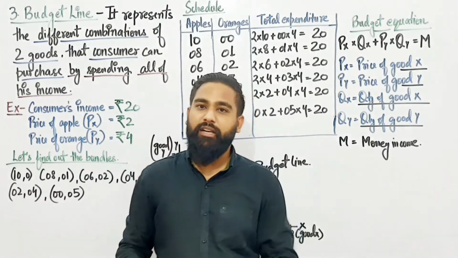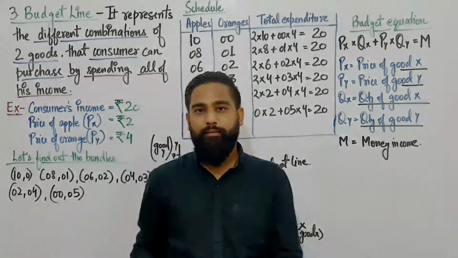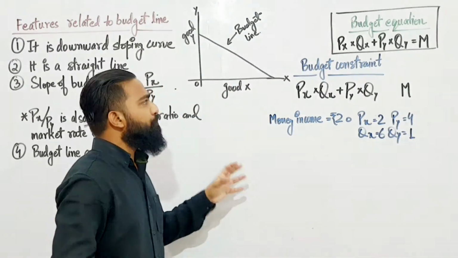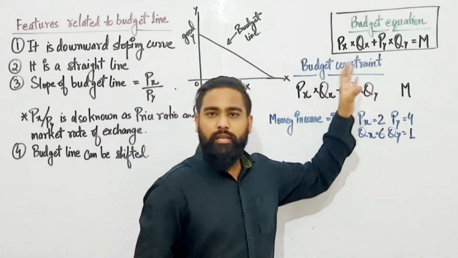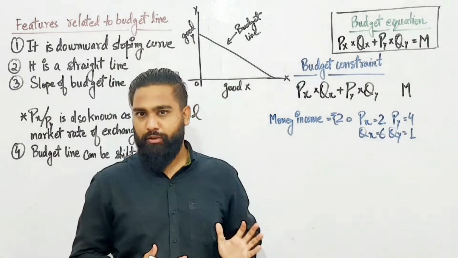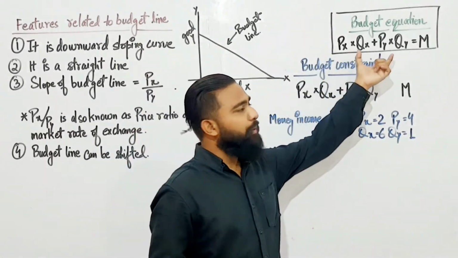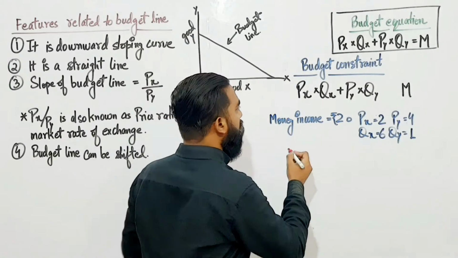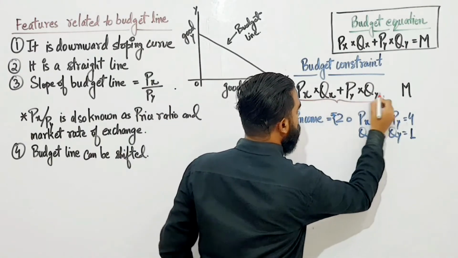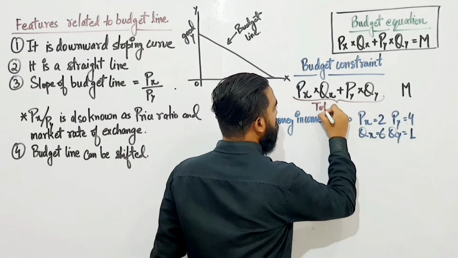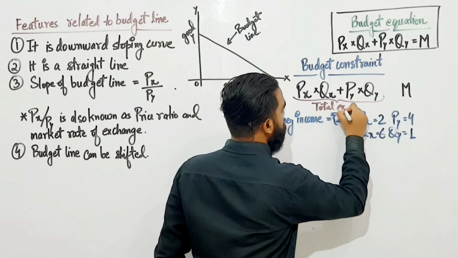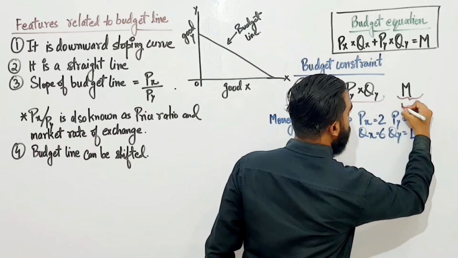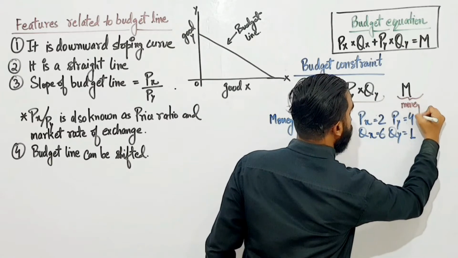Now students, let's come to the next topic. The next topic is budget constraint. Now it is exactly similar to budget equation where the total expenditure was equal to the money income. Now as we all know, this part is the total expenditure. Fine. And this M is the money income.